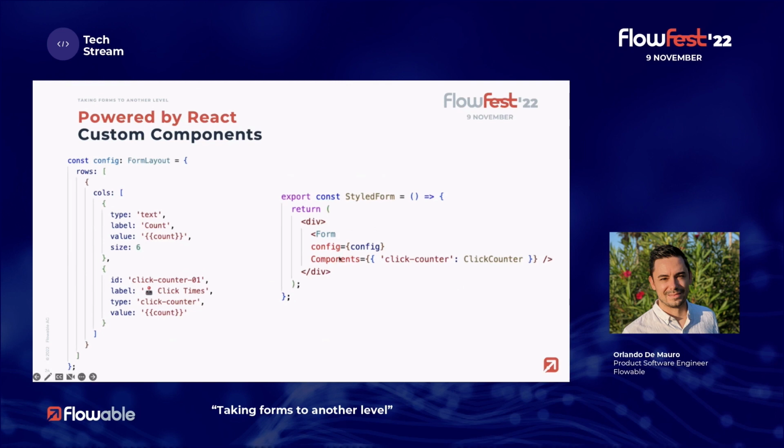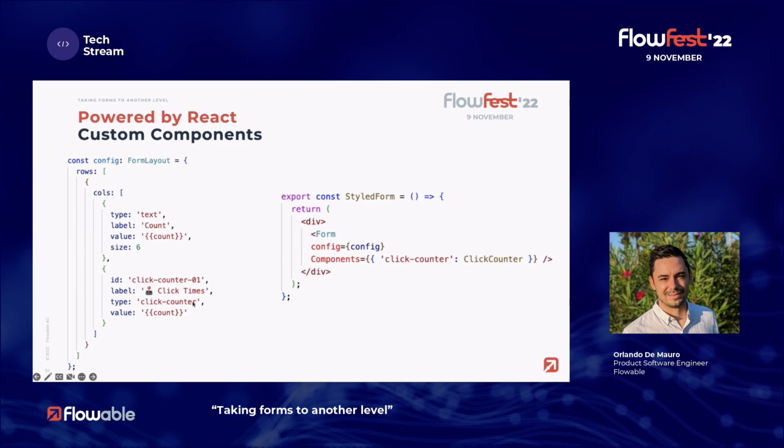And after that, we need to let the form know which components it should render based on which key. So to do it, for example, we want to render in our form engine, as we showed before, a text input and our custom component. So we just add it into the configuration file, and we define our new component with an ID, a label, and a type.